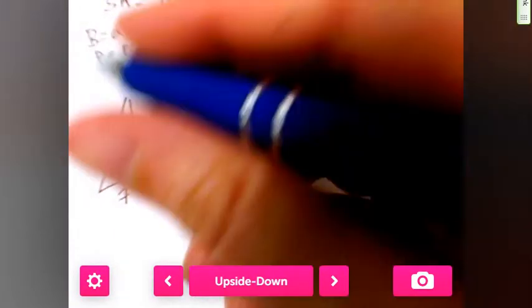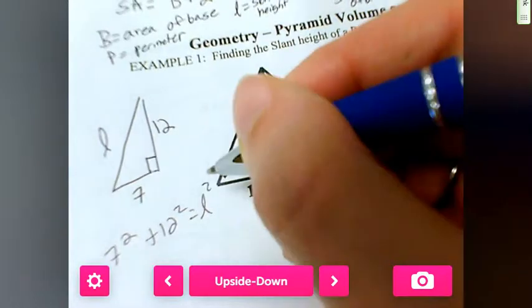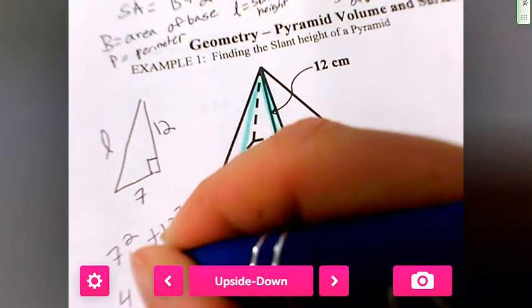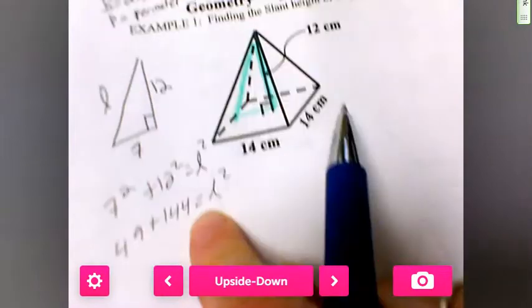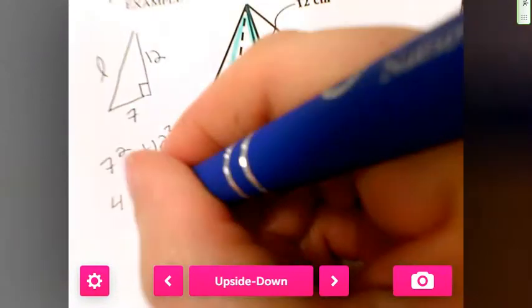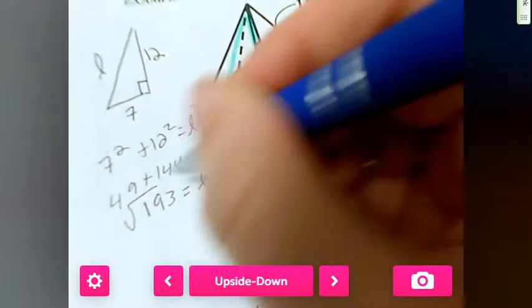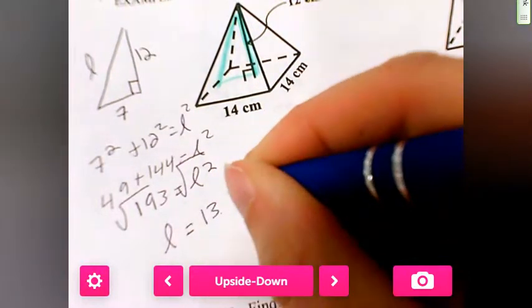Now this is just Pythagorean theorem. 7 squared plus 12 squared equals the slant height squared. So I get 49 plus 144 equals slant height squared. 49 plus 144 gives us 193. I'm going to take the square root of both sides, and I get the slant height equals 13.9 centimeters.